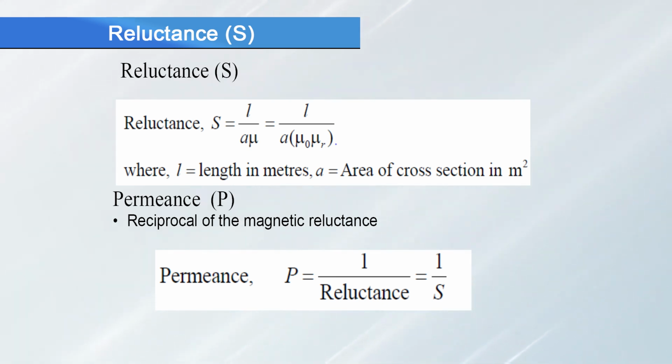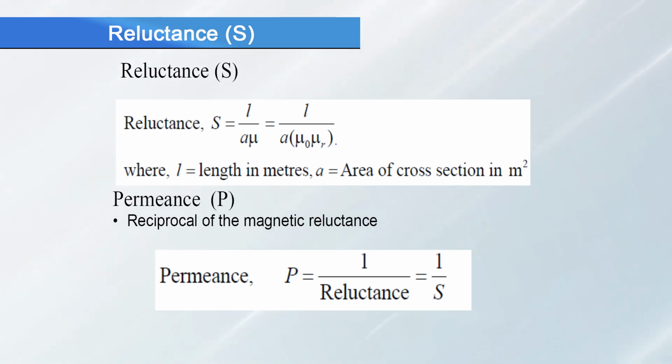The reciprocal of the magnetic reluctance is magnetic permeance. It is a measure of a material's ability to conduct magnetic flux. It represents how easily a magnetic field can pass through a material or magnetic circuit. So, the higher the permeance, the greater the magnetic field for a given magnetizing force.